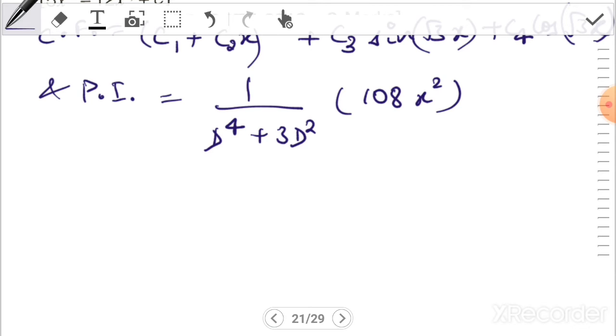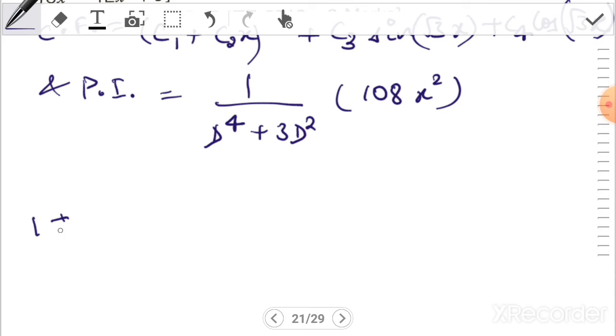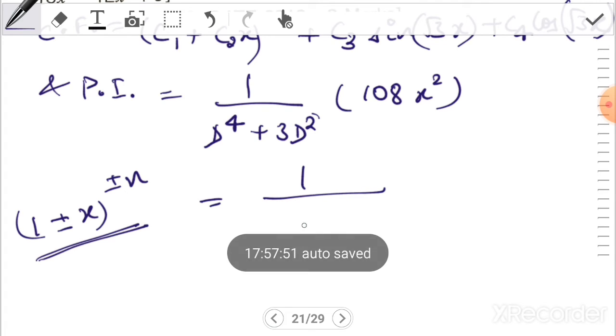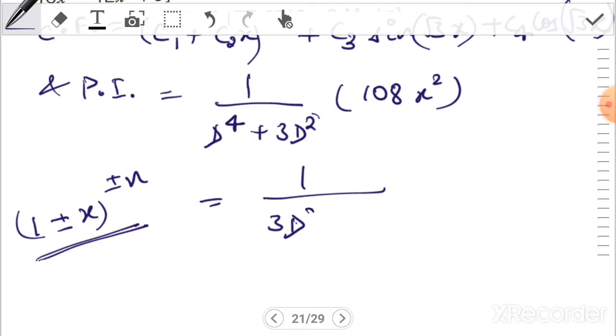Now, since we know the binomial expansion of 1 plus minus x power plus minus n, which is easy to expand, okay, so make this denominator in the form of 1 plus minus x power plus minus n. We will see that when operated on this function, higher power in the expansion vanishes. So let us take out 3D square common.